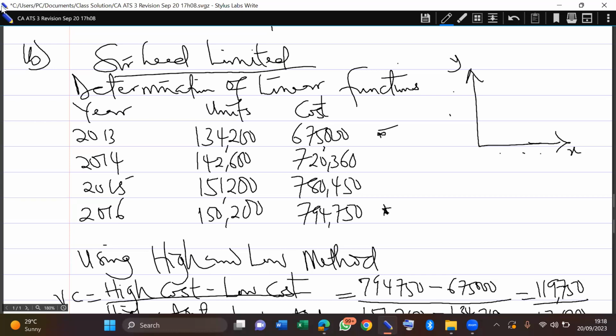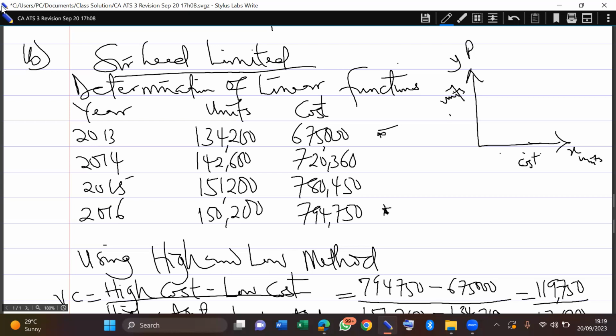Unit is always at the y. Price and cost are the same.